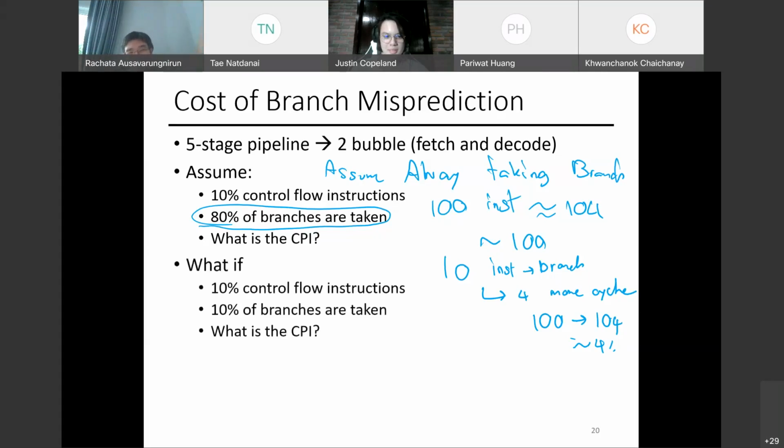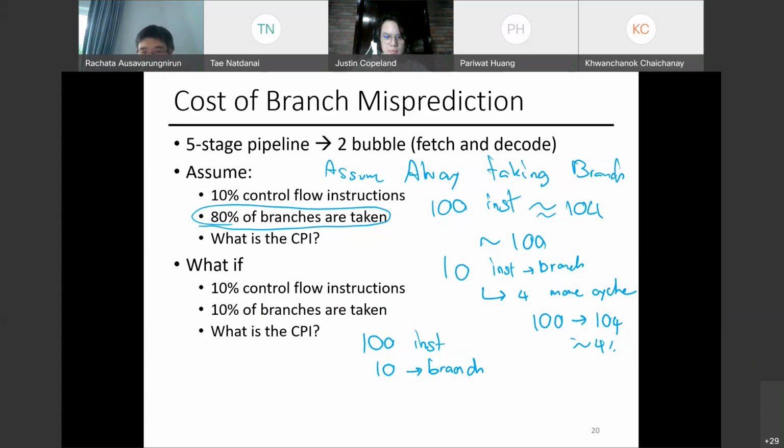Let me run another piece of different code, same assumption, but in this code, 10% are taken, the rest 90% are not taken. So with 100 instructions, again, 10 of them are branches. In this case, if I always take the branch, how many incorrect guesses am I going to end up with? Only 10% is correct.